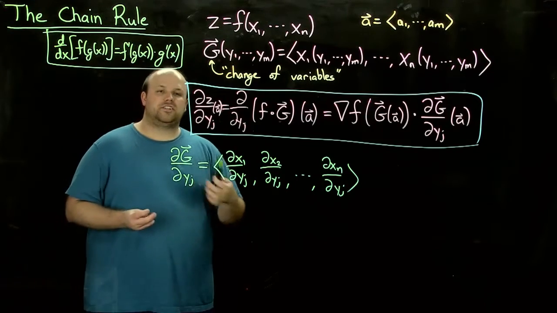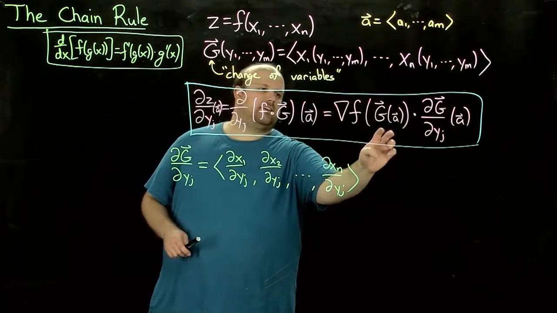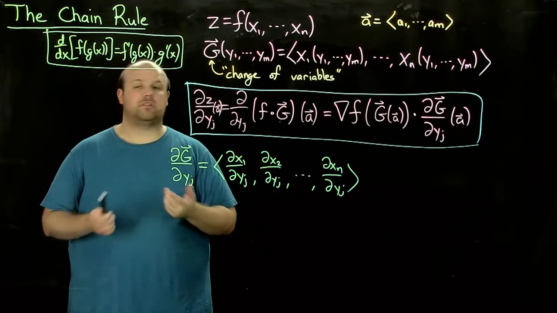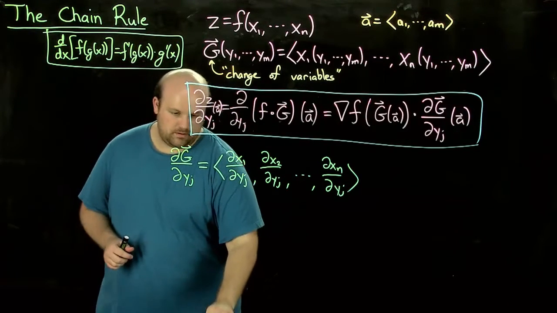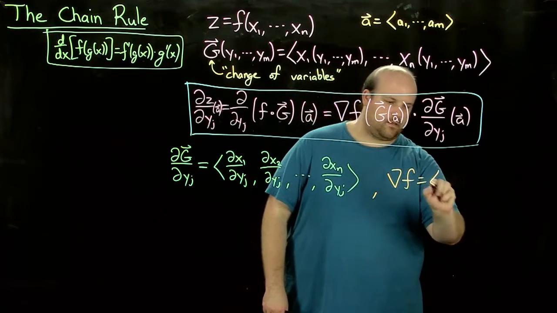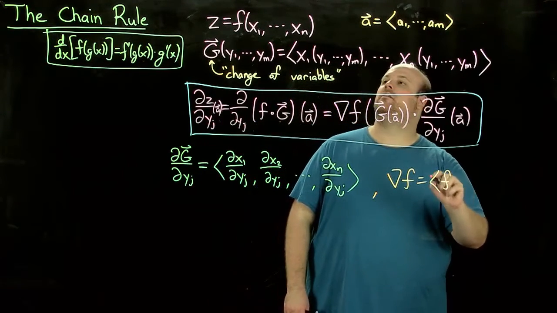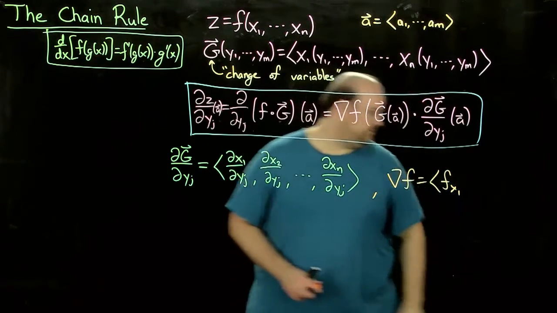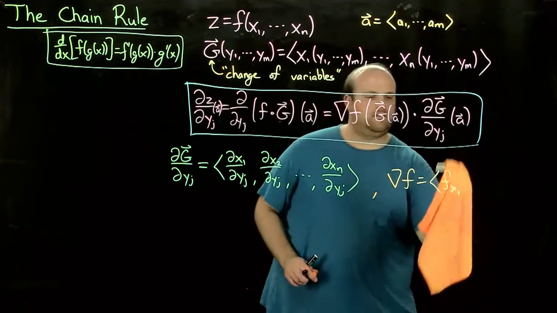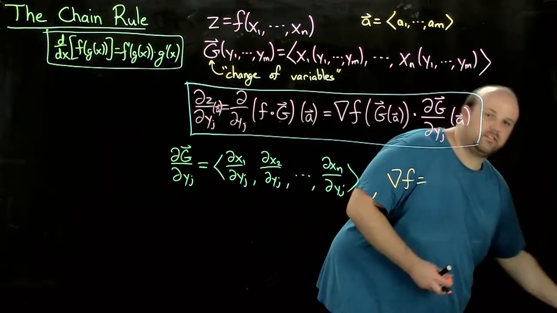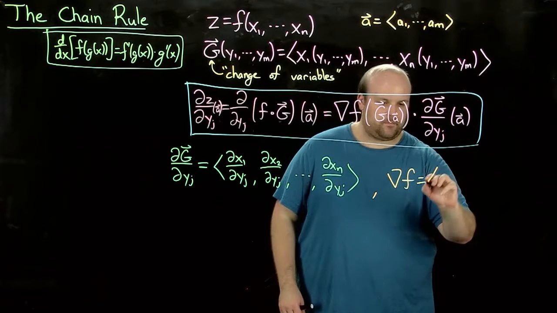Right? So if we write out this dot product here, remember from the last video what the gradient is, right? The gradient of f was f. This time we have to write fx1, and actually we should write it using the other notation. It'll look a little bit better in the formula.